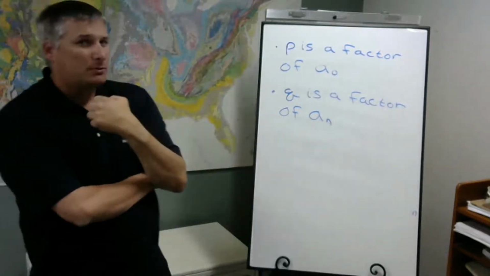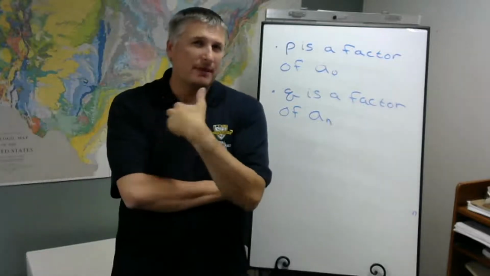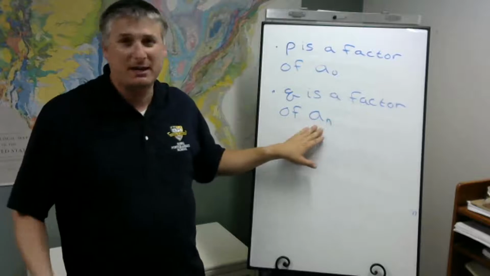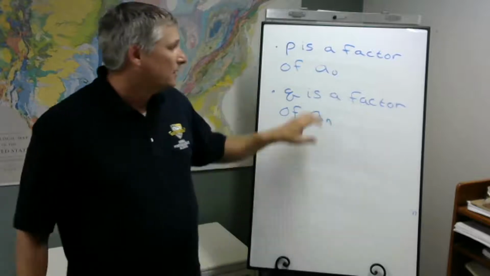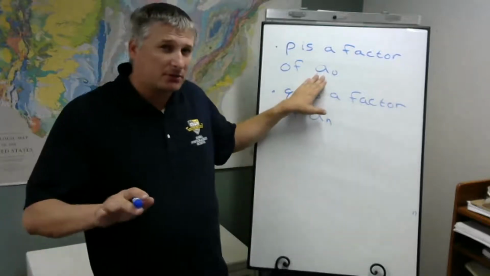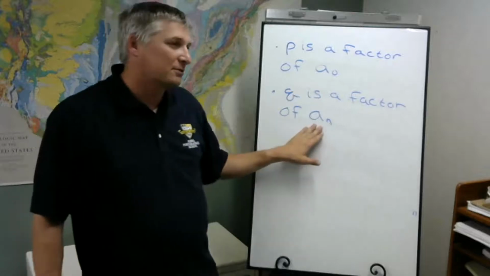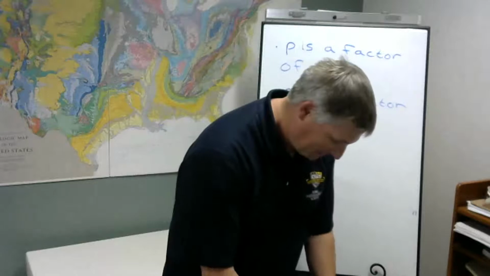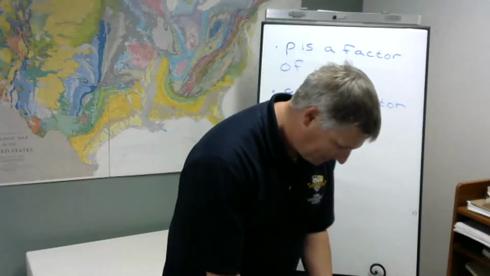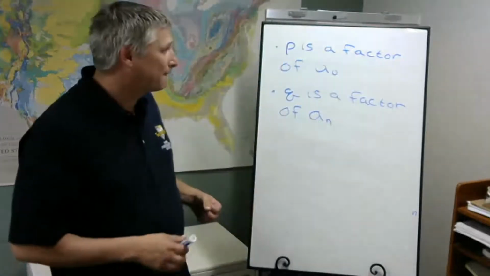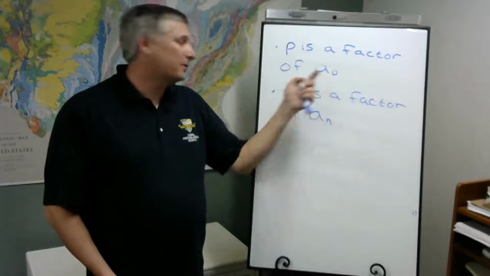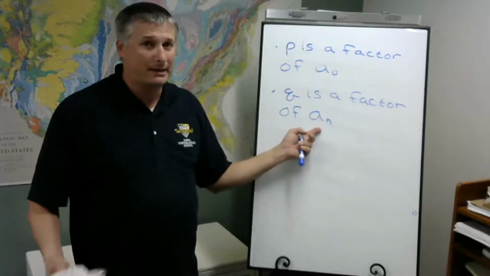So what we need to do is find p and q, and that means we need to look at the factors of a0, and we need to look at the factors of an. In other words, we're going to look at the factors of the constant term and the factors of the lead coefficient. Now, what's going to happen here is we're going to find out there's more than one factor for a0 and there's more than one factor for an.